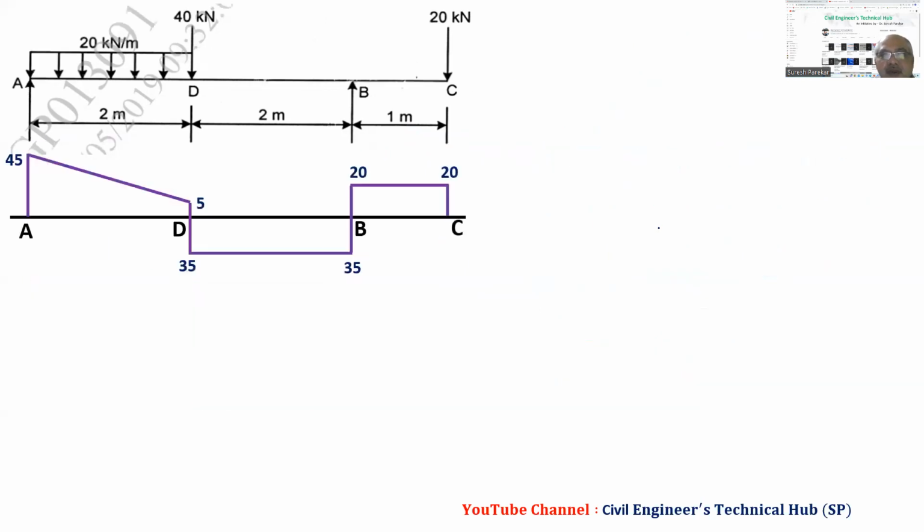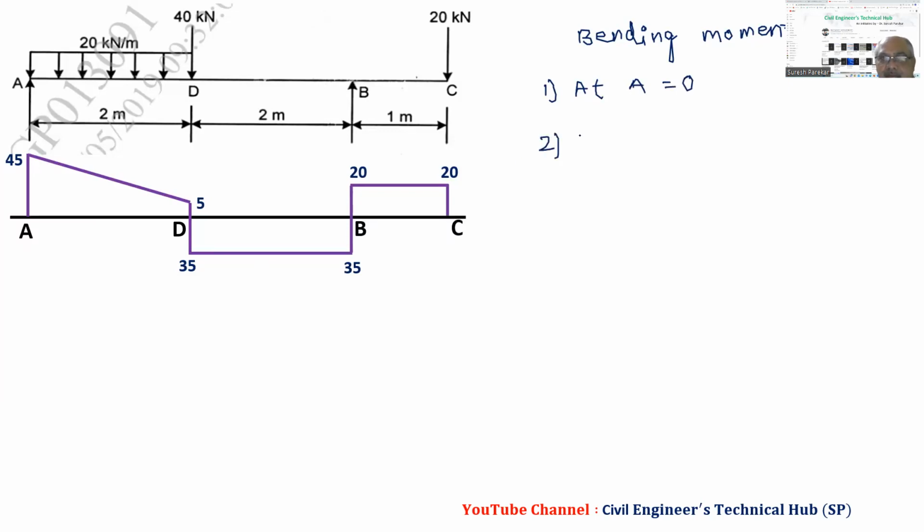So now we will go for BMD, the bending moment. First, at A we have 0.